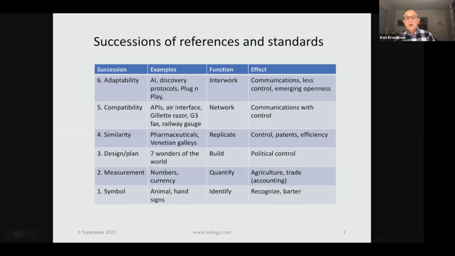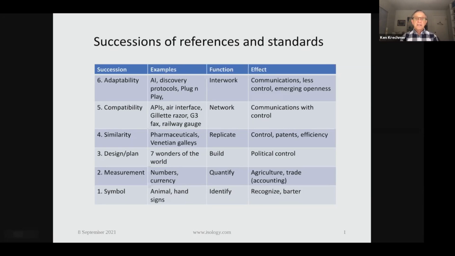which is to exchange goods. So the next succession of standards emerge with designs and plans, and where we create the wonders of the world. And we also create ships and various things, teepees, which are no longer simply attempts, but they are built on a standardized form.